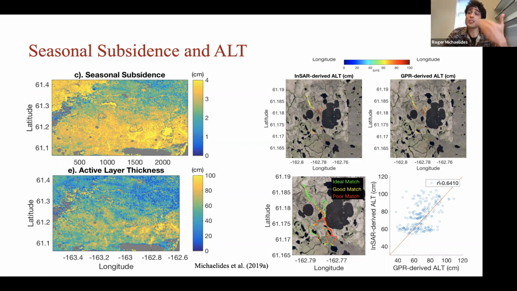That's because this most recent fire has further modulated that system, and so comparing in situ contemporary measurements from 2016 to remotely sensed measurements from 2011 is no longer comparable. But what this should be convincing you of is that in areas where we don't have further modification by fire, InSAR seems to be doing a pretty good job of estimating the active layer thickness.